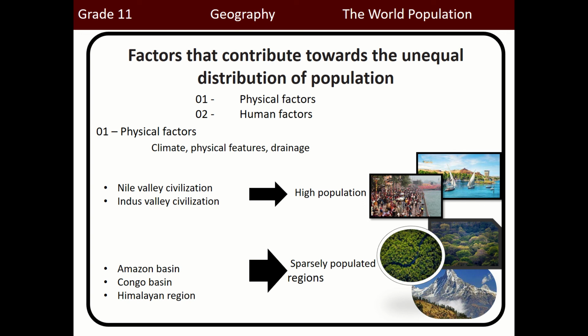These factors can be divided into two categories: physical factors and human factors. Now we will go through physical factors. Climate, physical features, drainage, nature of the terrain are some of the physical factors contributed for the unequal distribution of world population.